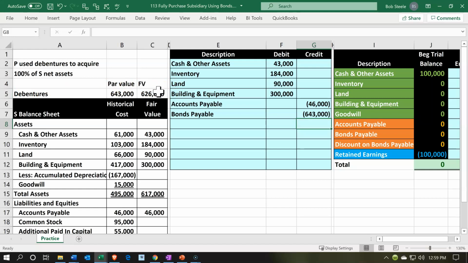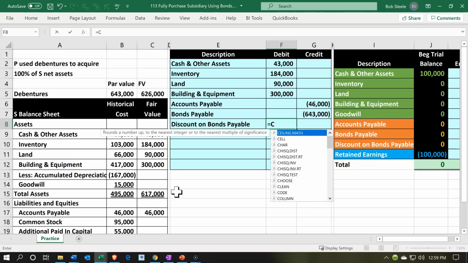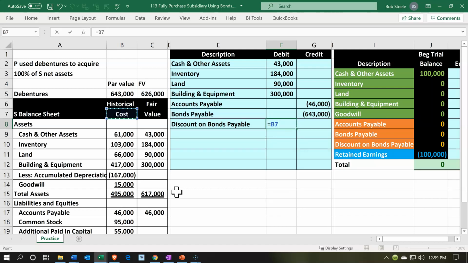So we have to put a discount to bring it back down to basically the fair value. Underneath it, I'm going to have a contra account, which is a discount. And the discount then is going to be a debit of, let's do that again, I'm going to take the larger number minus the smaller number.